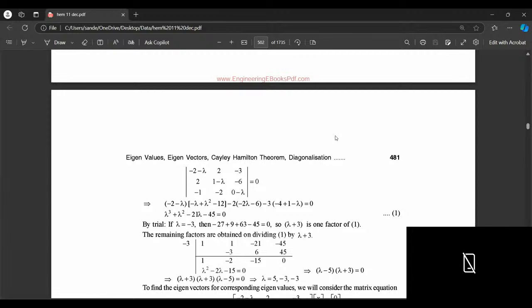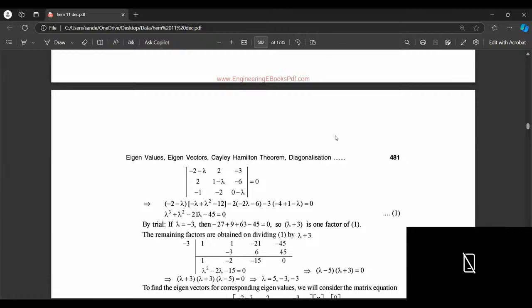This equation you can use, and you know what is s1. S1 is the trace, the sum of elements in the principal diagonal. S2 is the sum of minors of elements of the principal diagonal, and determinant of A you can find.